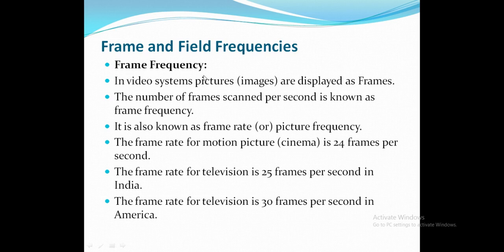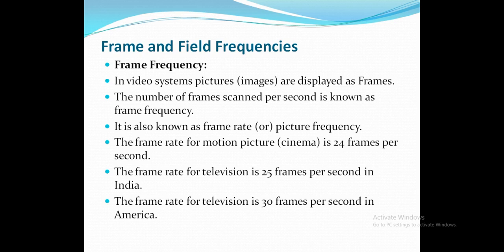So first one is frame frequency. Actually the frame is nothing but one complete image in a video system.